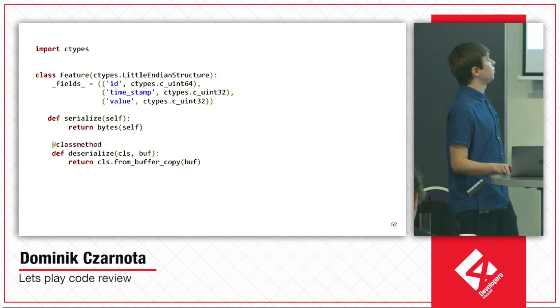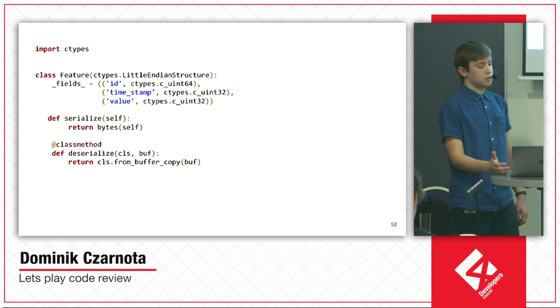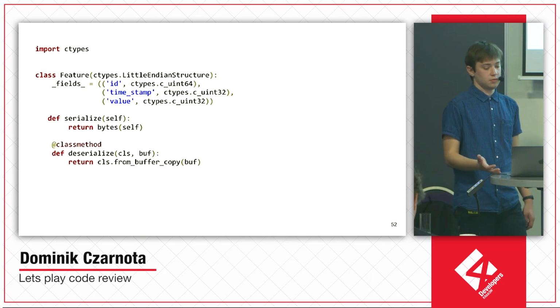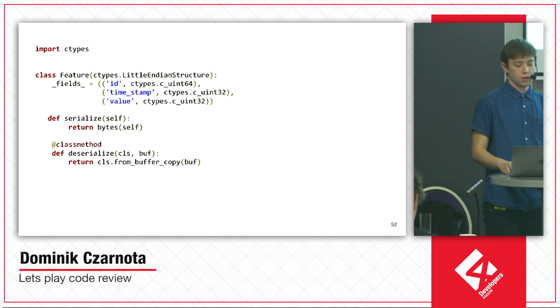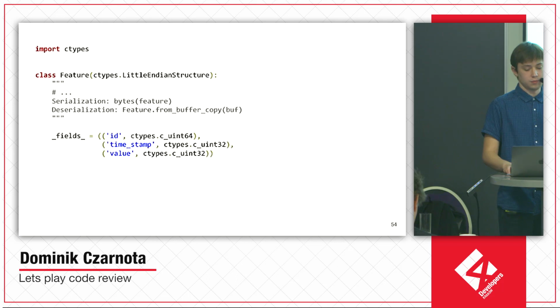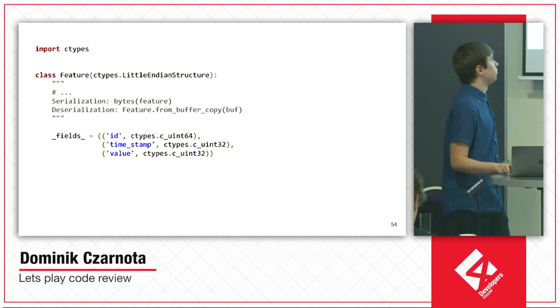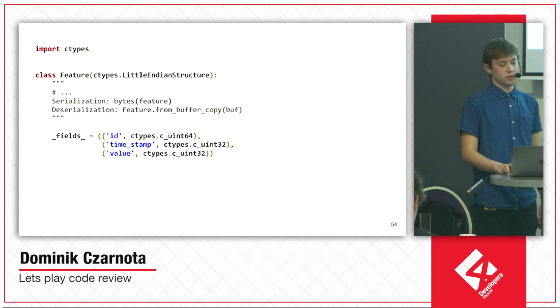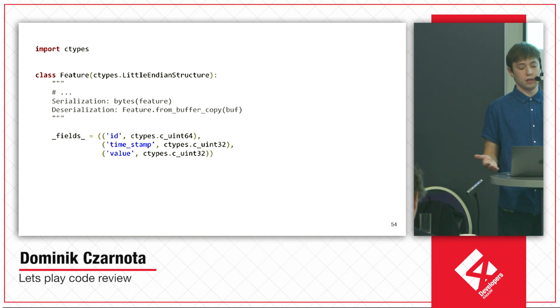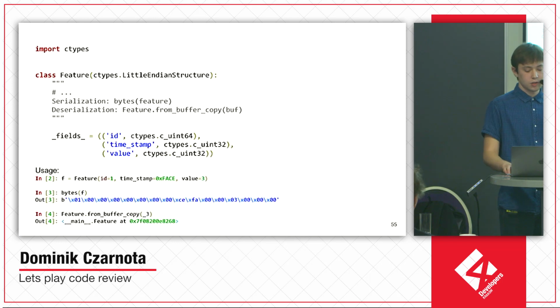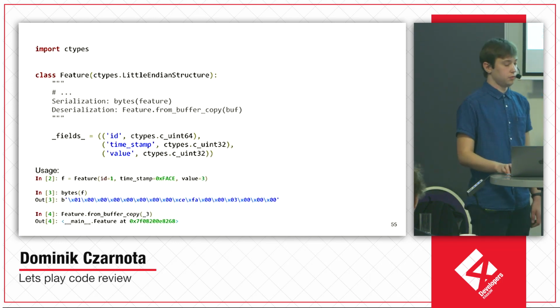I wrote them here, but to serialize things, you just use bytes, the built-in function in Python. And to deserialize, you can use ctypes.from_buffer_copy, for example. So you could probably provide it in a docstring, to make it easier for someone who is not familiar with ctypes. And the usage of this would look like this.